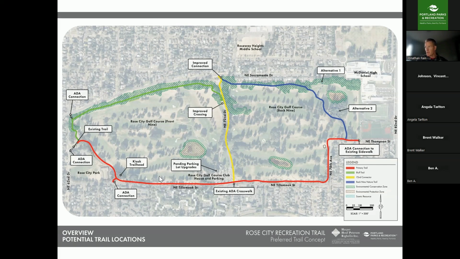Number 1 tee box is here and number 1 green is here. And then on the eastern side, it would follow along fairway 10. Fairway 10's tee box is here, and then the fairway, and then the green, and the red trail is in the open space about 100 feet or so away from that fairway.